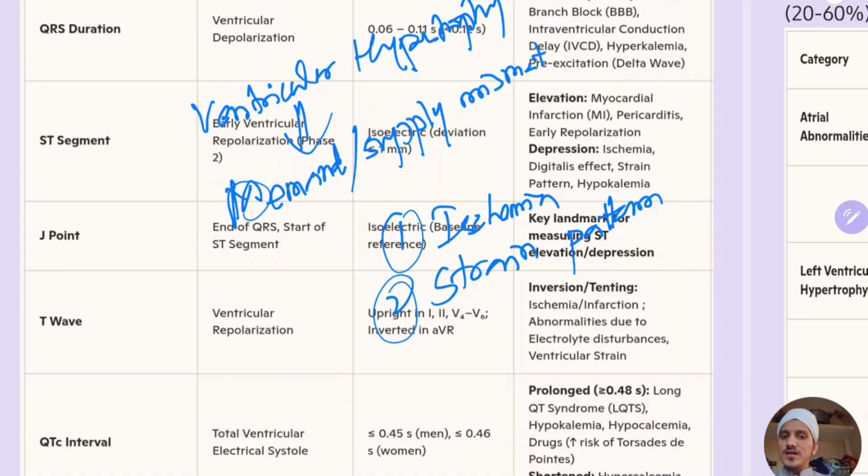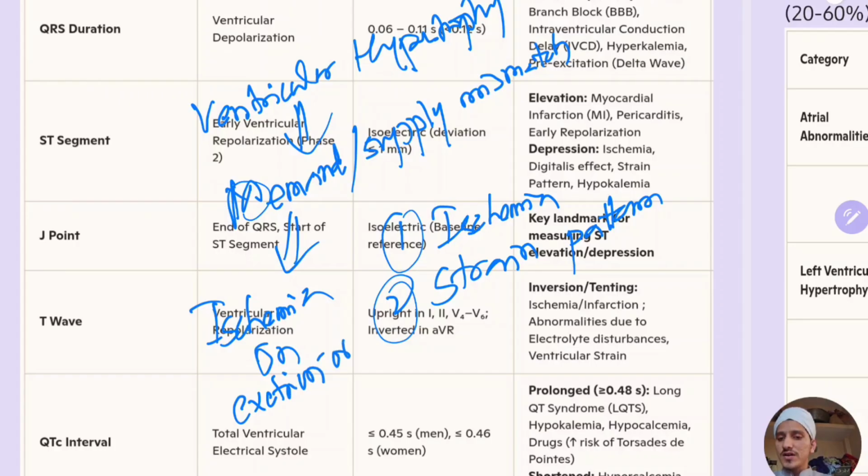Why? Because the heart muscle is more, but the artery which is supplying that heart muscle will not increase its diameter. So the diameter remains constant. So fixed supply but increased demand. That will create ischemia on exertion, or at rest also in severe cases.